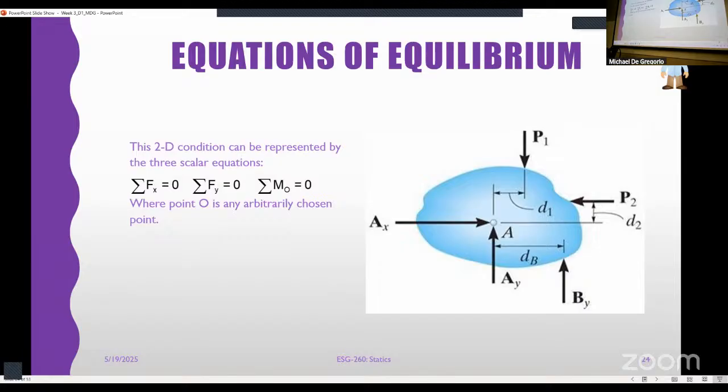There will be times when we talk about that as well, but really, any of these equations can be used. Like I've said before, if I took the moment about multiple places, I could do that 3 times and still fulfill the equations of equilibrium, okay? Sometimes that makes sense and sometimes it doesn't.